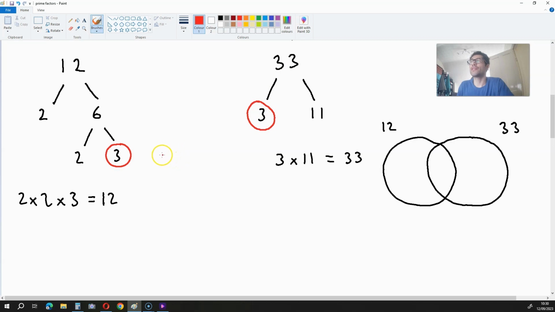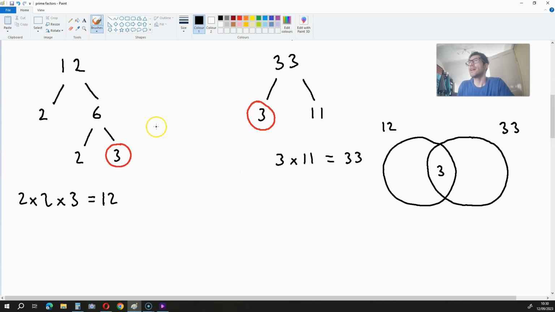However, we are not going to repeat these numbers when we place them inside these circles. The 3 for both of these numbers will only go in once at the center like that.